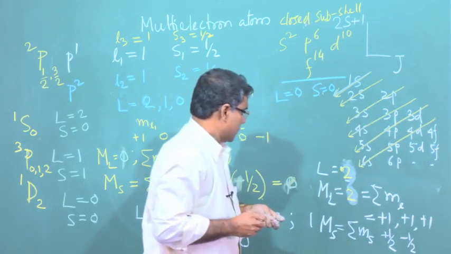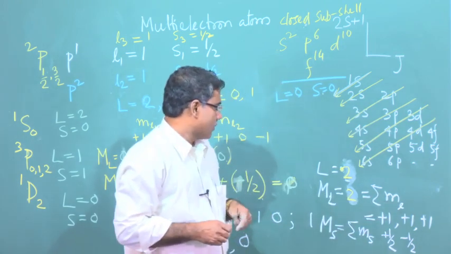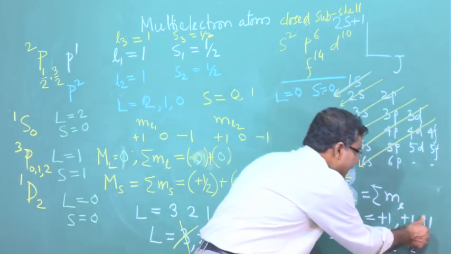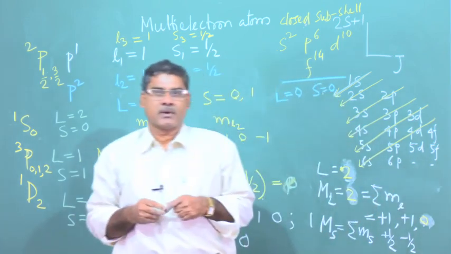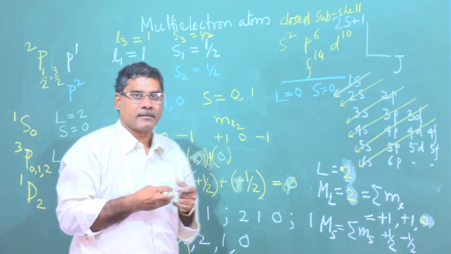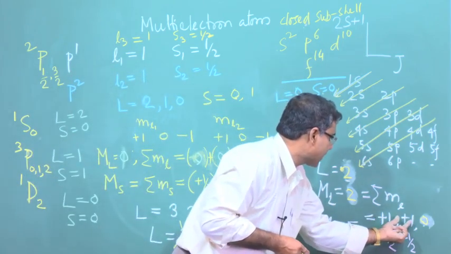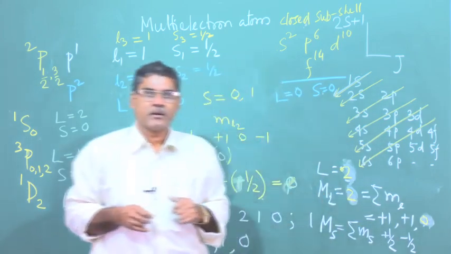For 3 electrons, what can be the combination? Plus 1 and plus 1, and another one with ML value 0, because small ML has 3 allowed values: plus 1, 0, minus 1. So I take the combination plus 1, plus 1 and 0, and then total ML I am getting 2, fine.